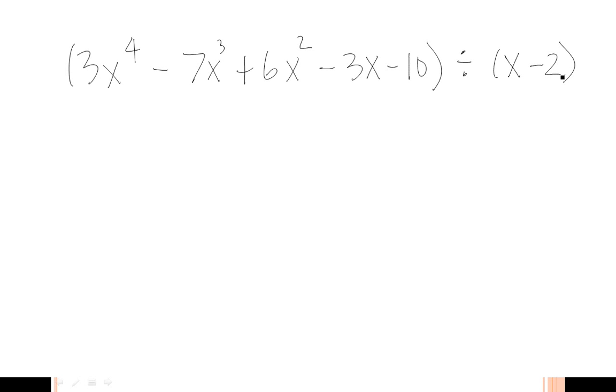You can only use synthetic division when the divisor has coefficient 1 and degree 1. For example, I could not use synthetic division if I was dividing by x squared minus 2. The only other way would be to use long division.